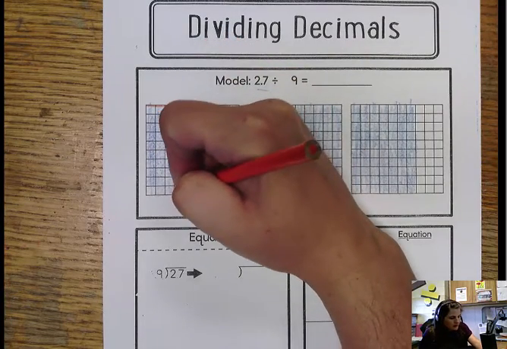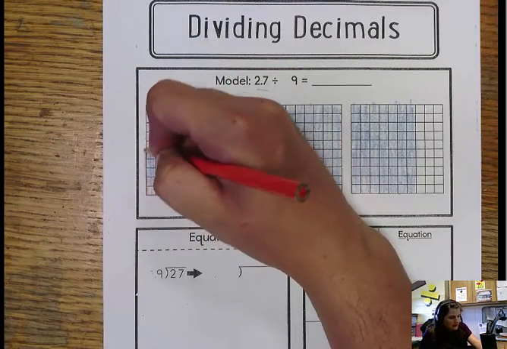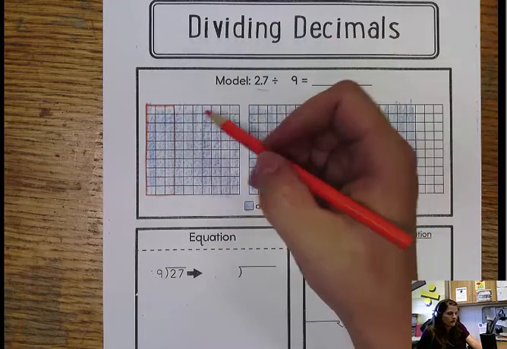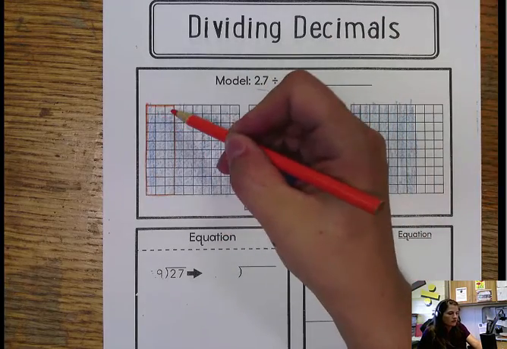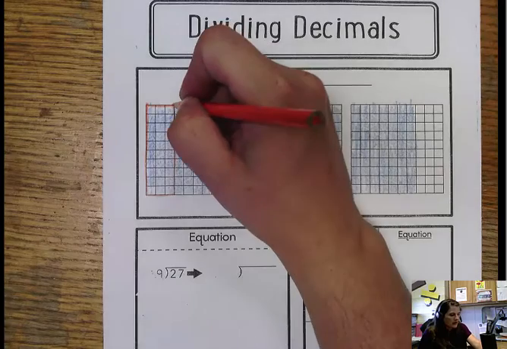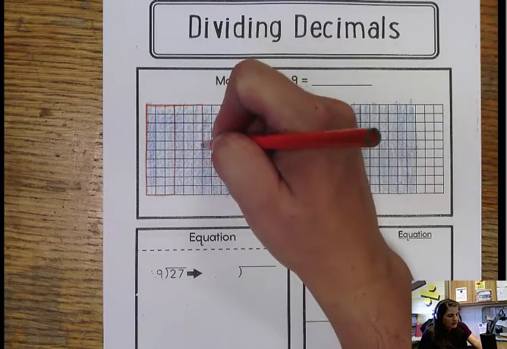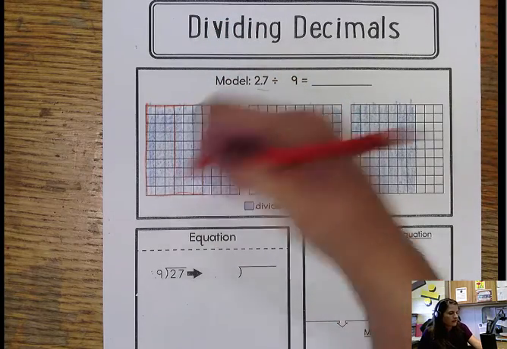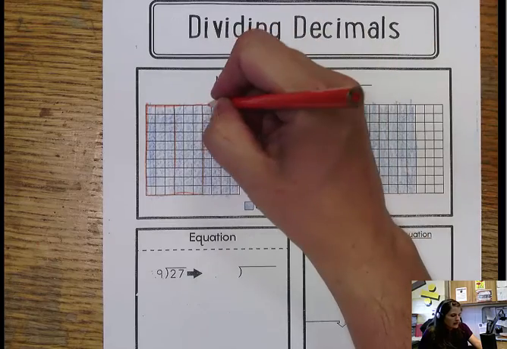And there's going to be 3/10 in a group. So I'm just going to outline, and you can see I've got 1, 2, 3/10 in each group. I'm going to keep going, just making equal groups of 3/10.